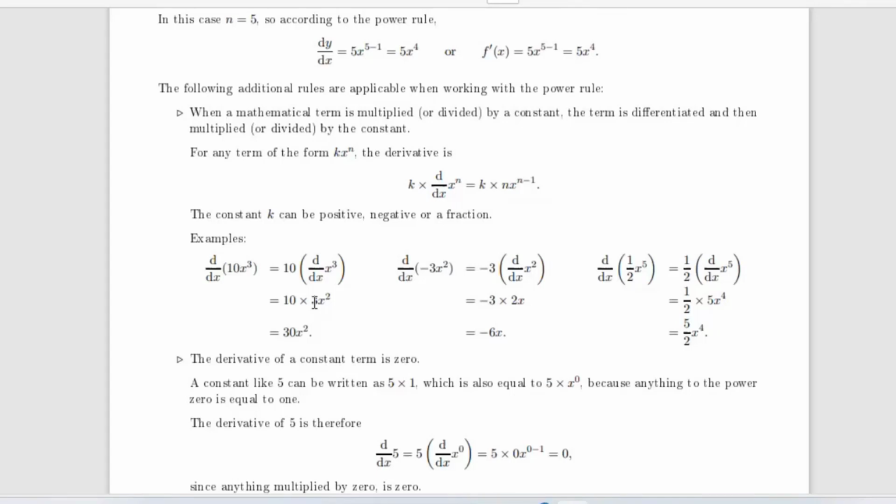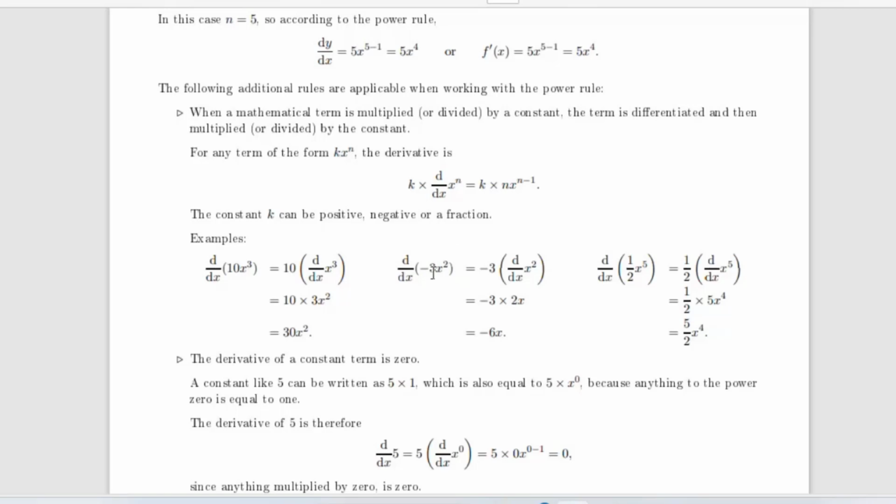Now, let's look at this one. Here, we have to find the derivative of -3x squared. We do the very same thing. -3 is a constant. What do we do? x is raised to the power 2.